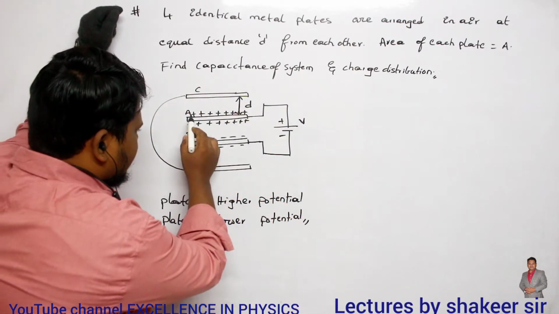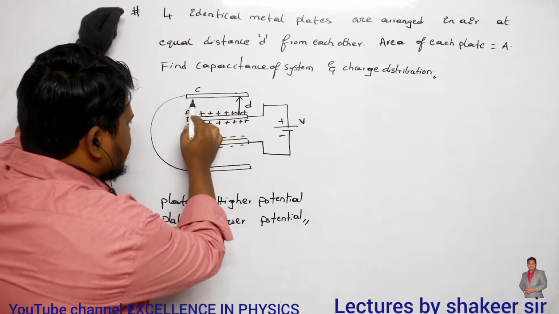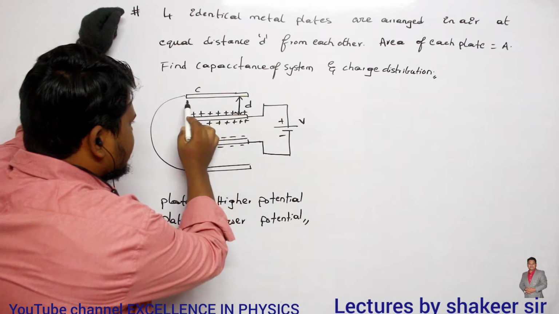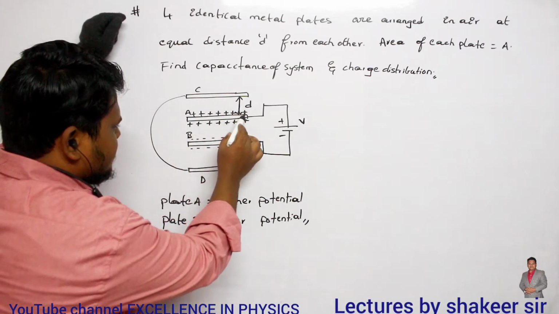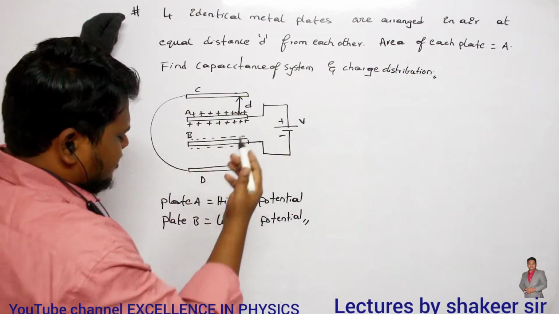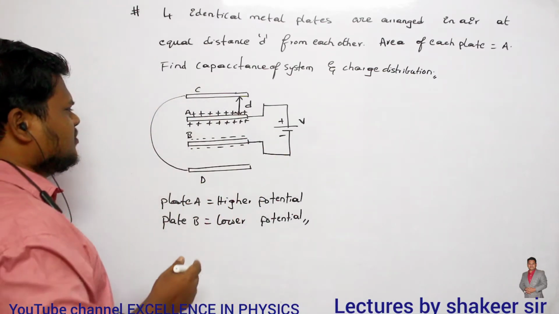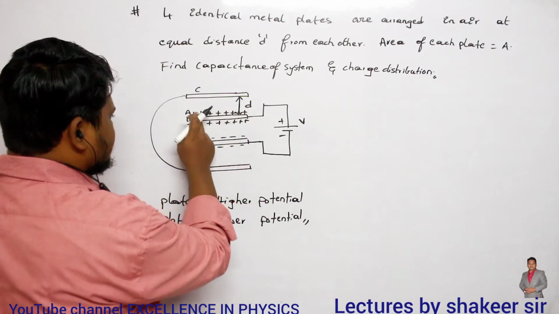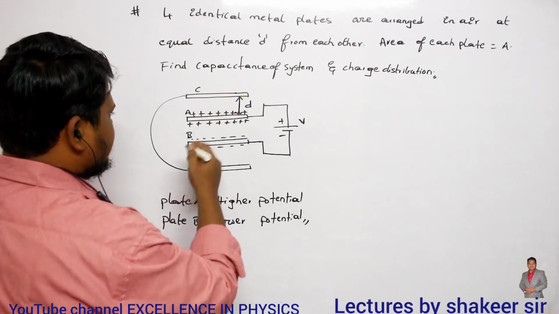So if plate A is positively charged on this side, then what will be the charge present on plate C on this side? Can you see? If plate A is positively charged, then plate C should be negatively charged, no? Because these positive charges will induce negative charges on plate C. This is what happens, no?